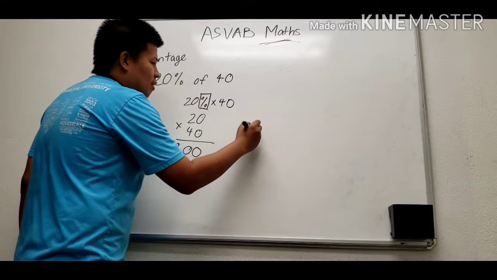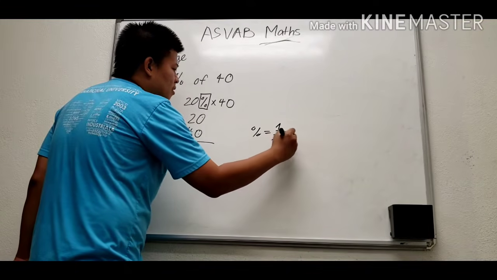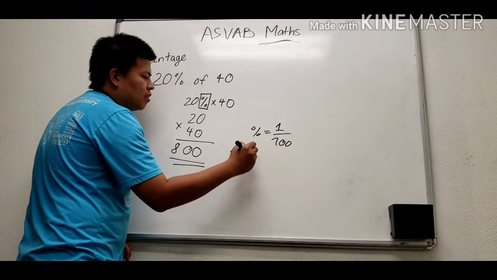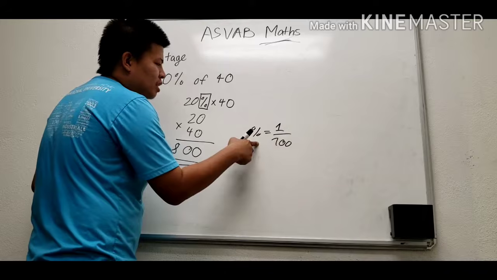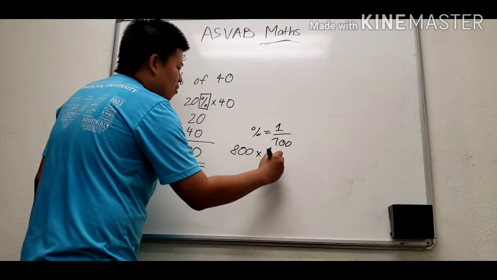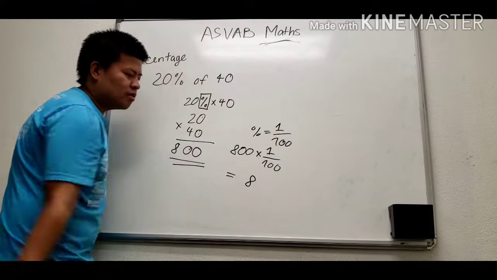Percentage is just like 1/100. So we have 800, and for the percentage we need to multiply by 1/100, so we get 8.